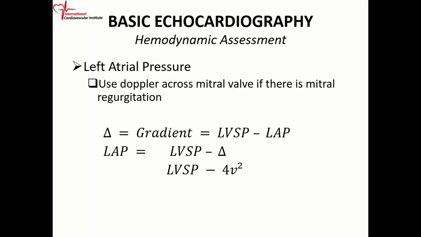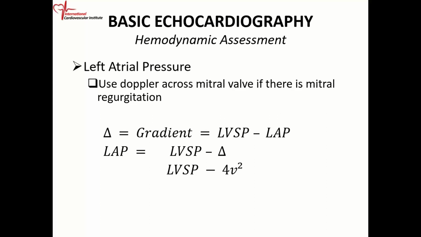So one of the first things when someone goes into heart failure, whether it's diastolic heart failure or systolic heart failure, is that the left atrial pressure will go up. So measuring the left atrial pressure is very, very crucial in cardiology. But we can use echo to measure the left atrial pressure.